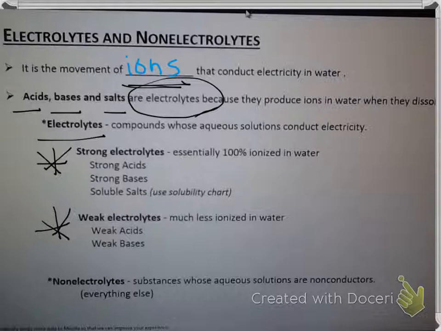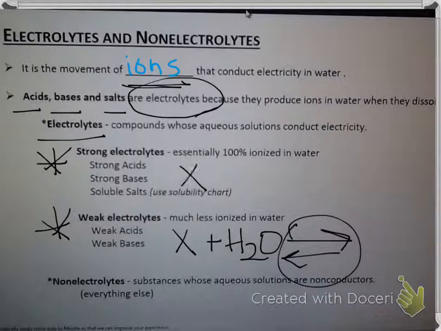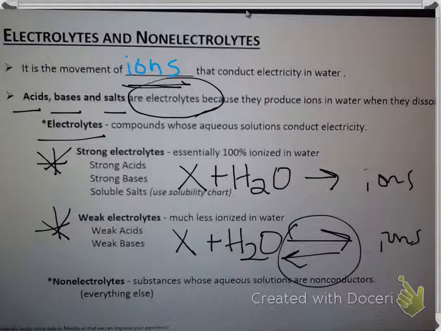They do not completely ionize or react with water. If we put that substance into water, instead of fully reacting, they would only partially react. So remember, when we put the strong electrolytes in water, I said that they fully react to form ions in the water. But these will only partially react. So weak electrolytes, less ionization occurs.